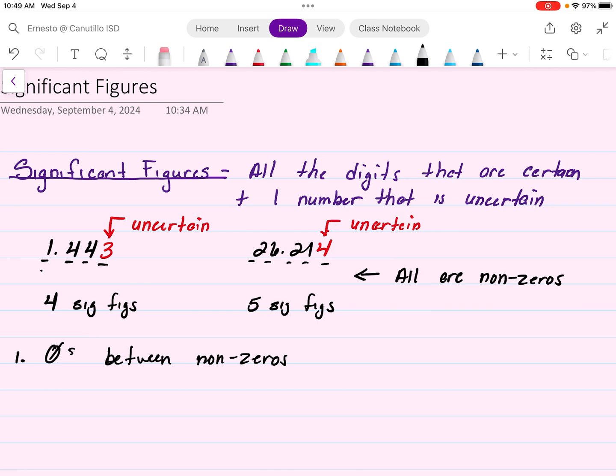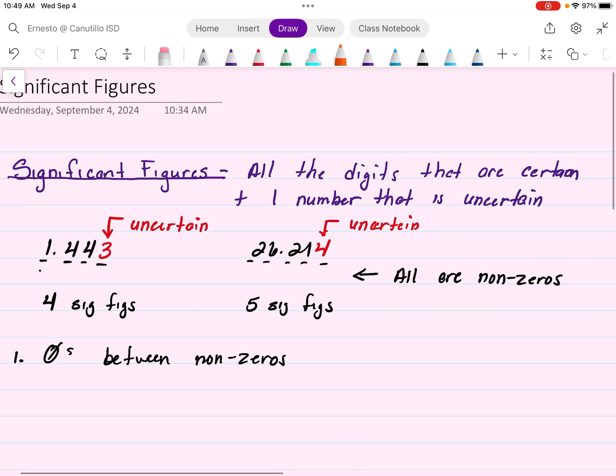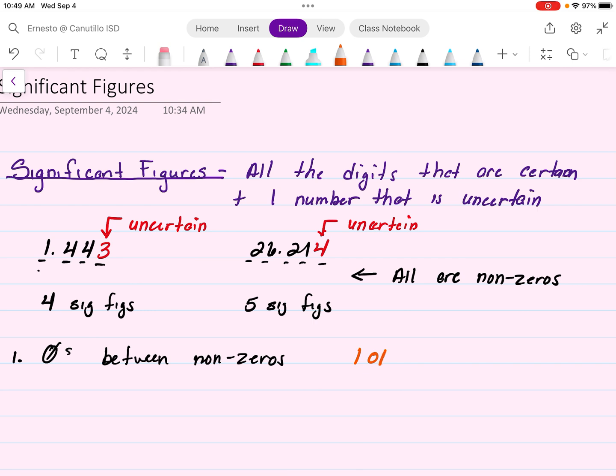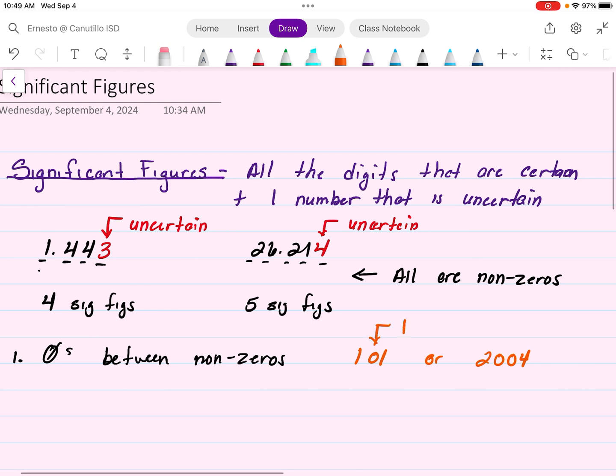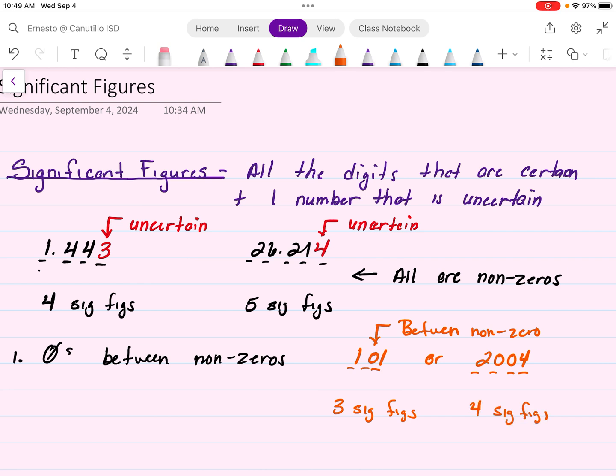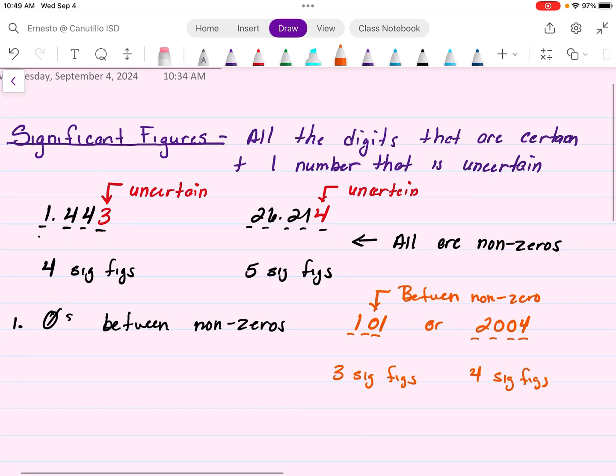That means if I have a number that looks like 101 or 2004, in this case, because these zeros are between non-zeros, they're considered significant. So this one would have 3 sig figs, and this one would have 4 sig figs. So if your zero resides between non-zeros, then it is significant.